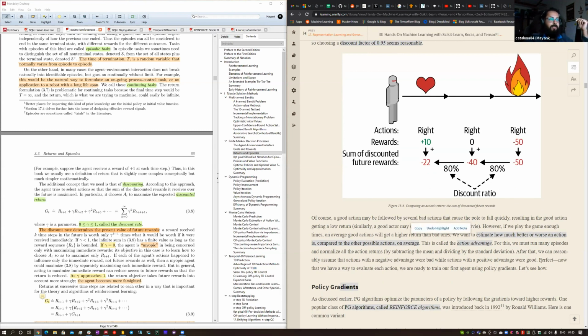That's called an action advantage too, and we can normalize it based on how many episodes and action returns.